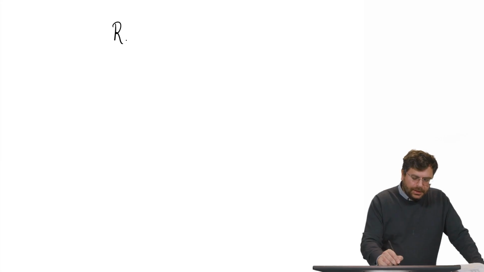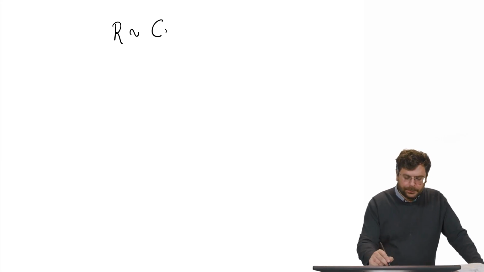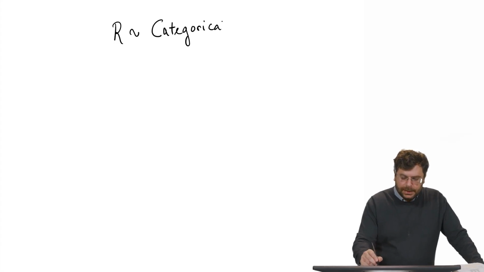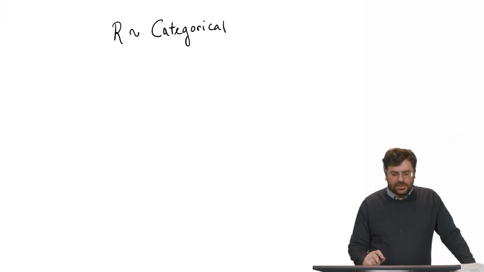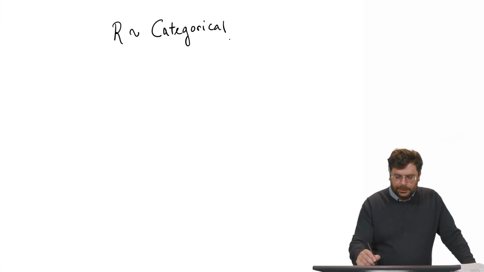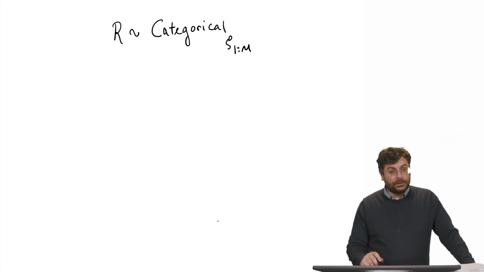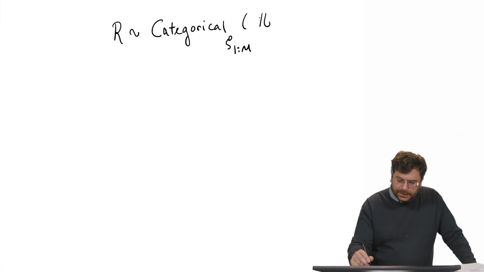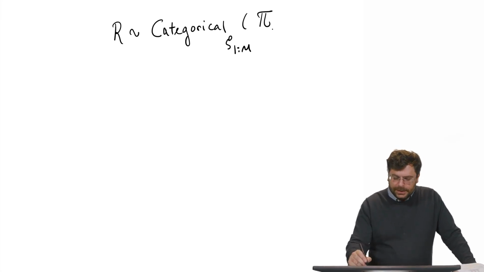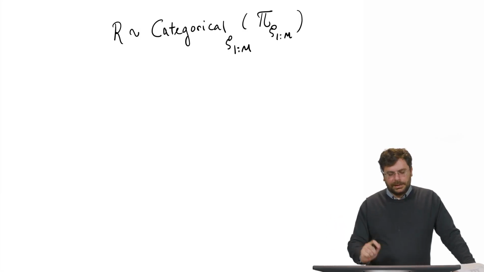So we would say that r is drawn from one of very many categories. And to do that, we talk about the categorical distribution, which I'll talk about a little bit more in a second. And we imagine that there are multiple categories or outcomes. Those are rho 1 all the way to rho M. And the probability for each one of those categories is pi sub rho m.